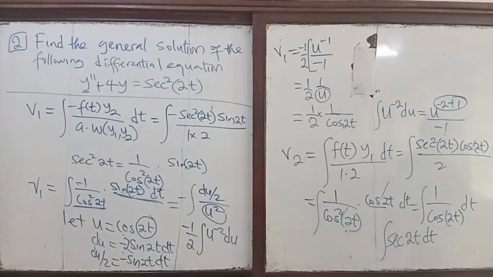So the final conclusion for this one, when you integrate sec, it's going to give you natural logarithm of the function sec 2t plus tan 2t. Okay, and then you divide by the composite function.